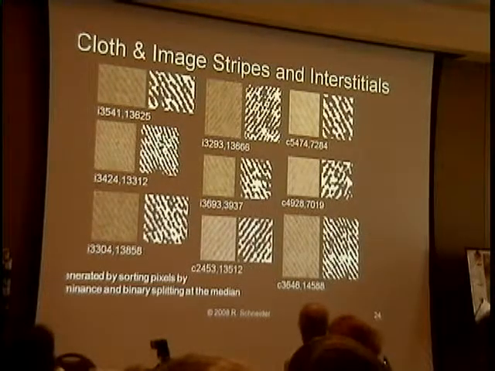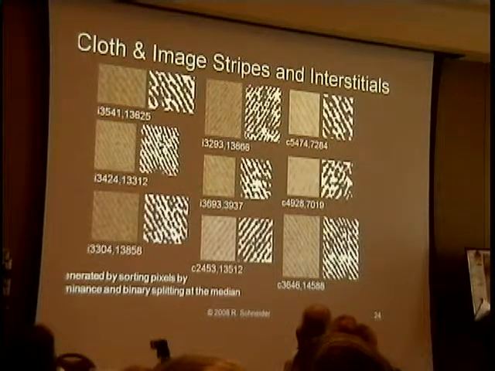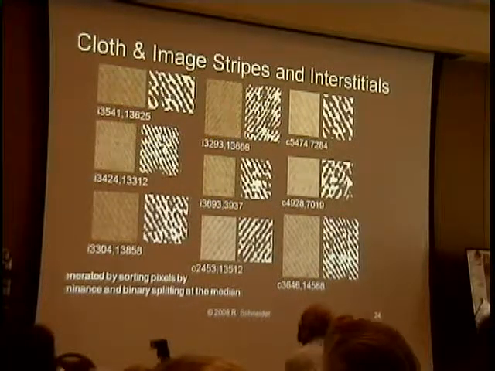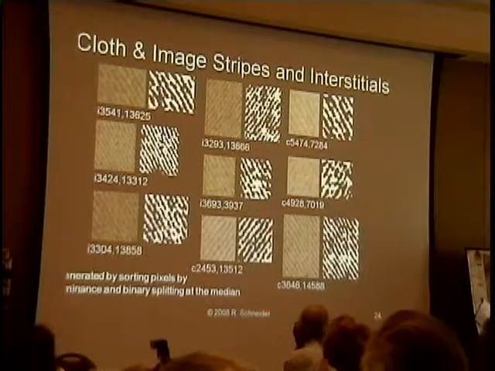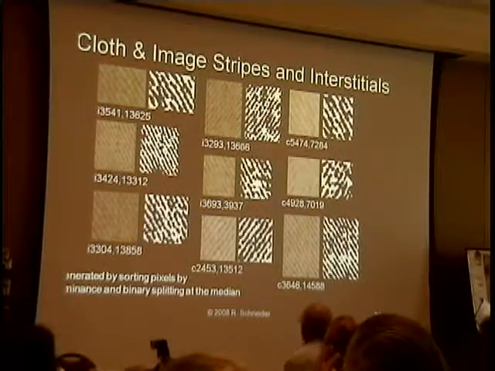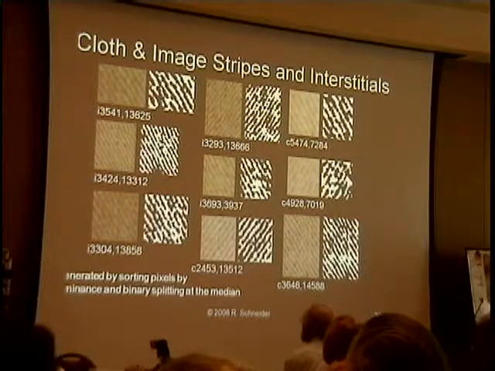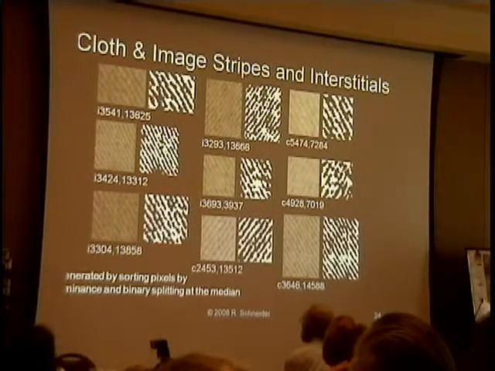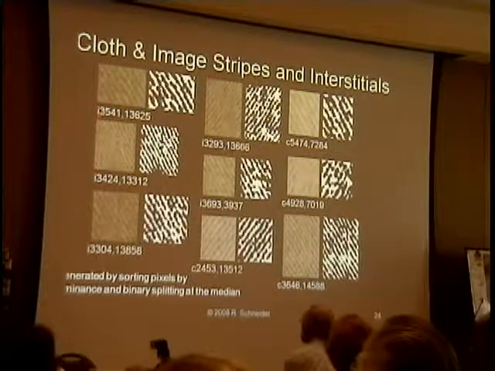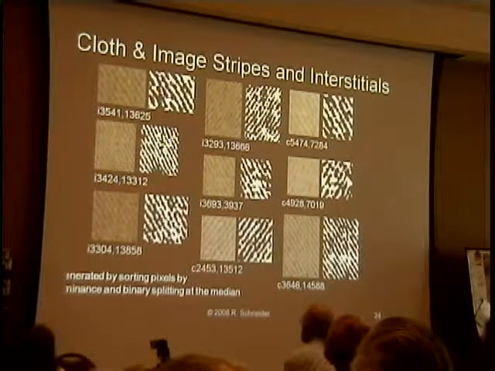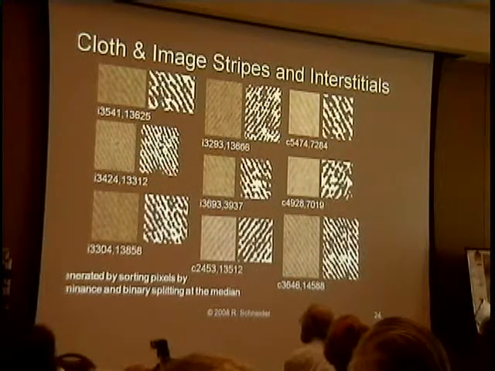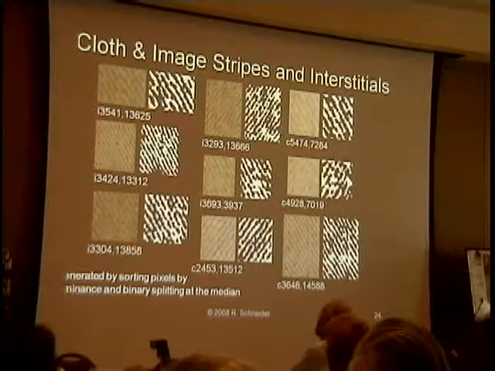I started looking at something that I thought was really interesting, which is that if you take the individual samples, you can split them by doing a medium split contrast. You can split them into stripes and interstitials. The stripe is the dark part of the weave, and the interstitial is what's in between. And then if you do this conversion, you can then go back in and pull the colors out selectively.